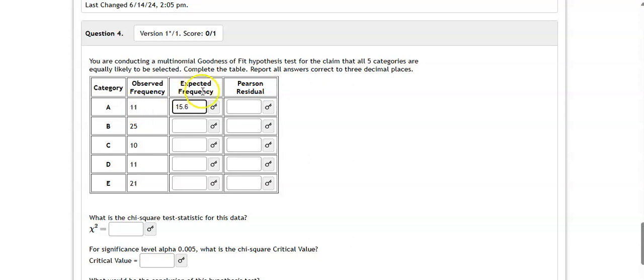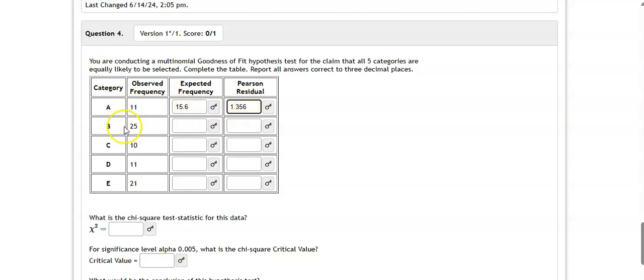So it's (O minus E) squared over E. All right, so we are just doing that tiny piece, and I will put that into the calculator and get that answer. And when I do that, I get 1.356410256. We're rounding it to 3 decimal places, though, so it ends up being 1.356.